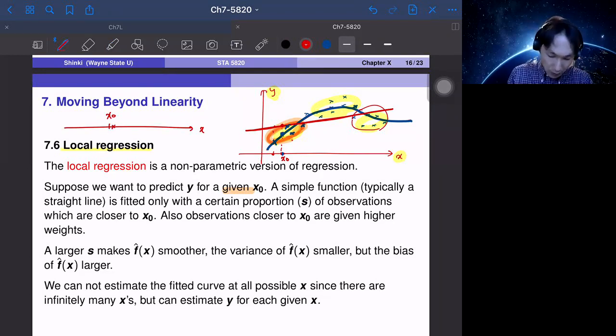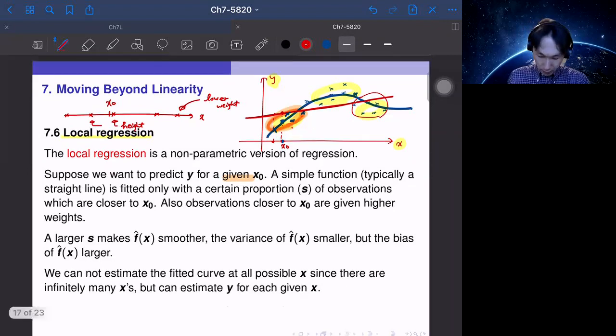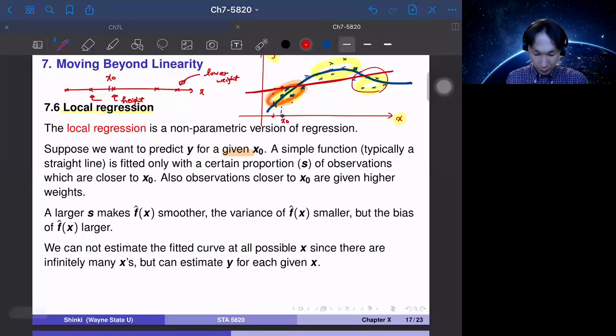If one observation is here, and others are here, then we give higher weight to this observation, or maybe this observation, and for this observation we give the lower weight, so that we can calculate the fitted value for X naught more accurately. So this is the idea of the local regression.